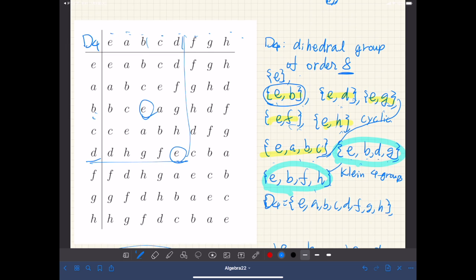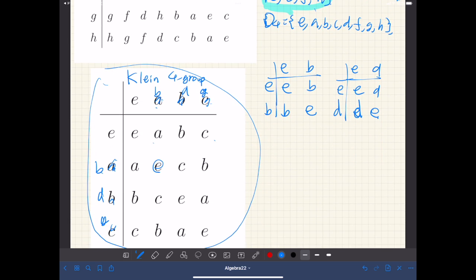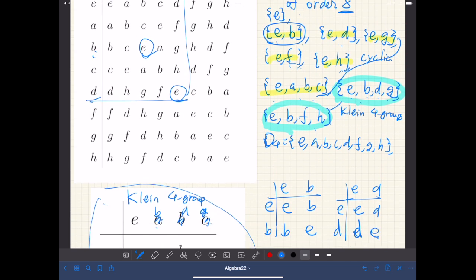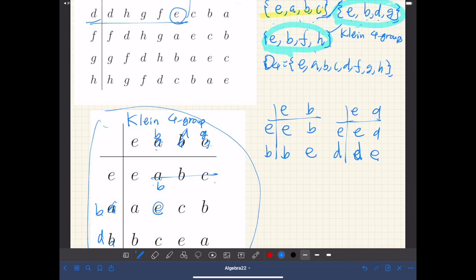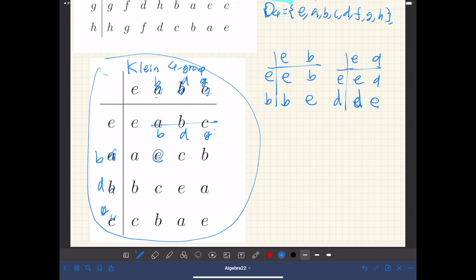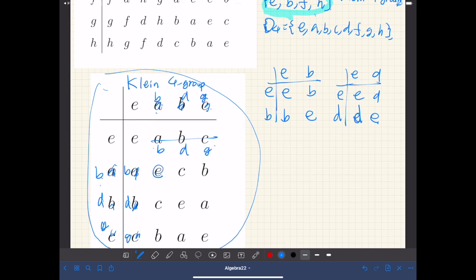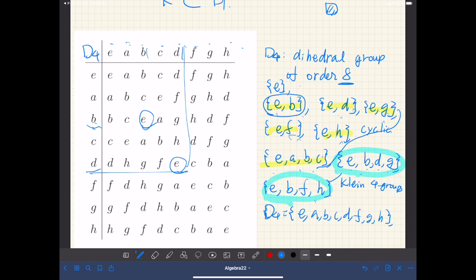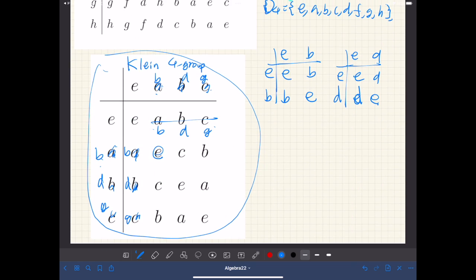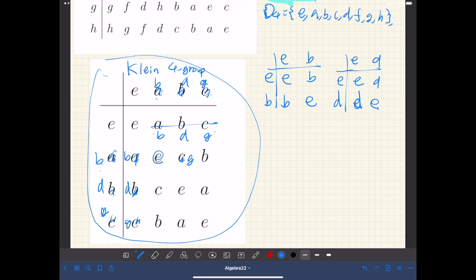B times B is E. So this is okay. B, D, G, and B times D is G. So C is replaced with G, so that's okay, and D times B should also be G. Let's check.